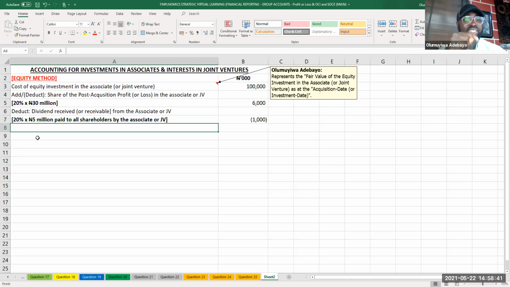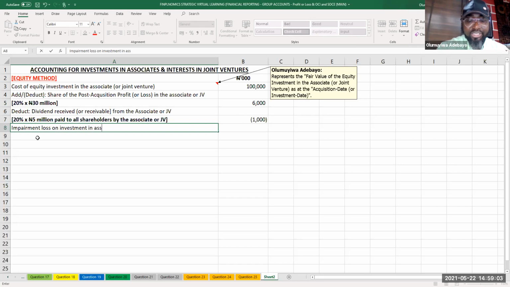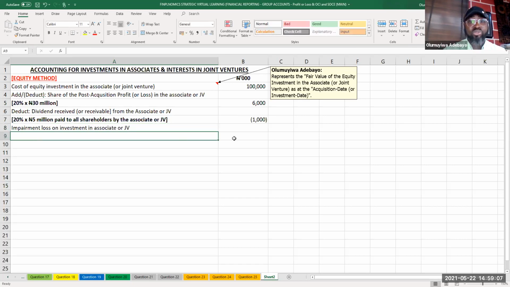Impairment loss recognized on equity is always presumed to be of a permanent nature, no matter how subsequently the condition of that asset or of that investment resuscitates. Therefore, if there's any impairment loss on investment in associates or joint venture, such will be deducted.